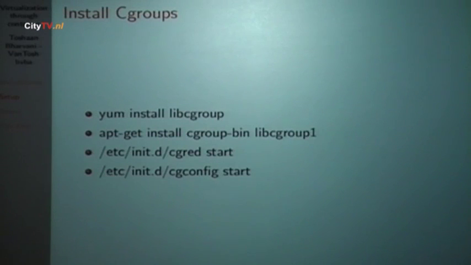So how do you set it up? On most distributions, you just do yum install libcgroup or apt-get install cgroup-bin and libcgroup1. The first command is obviously for Red Hat based systems, the second command is for Debian based systems. What you then need to do is start the two daemons. This cgconfig is where you write your configuration with the resource management in it.